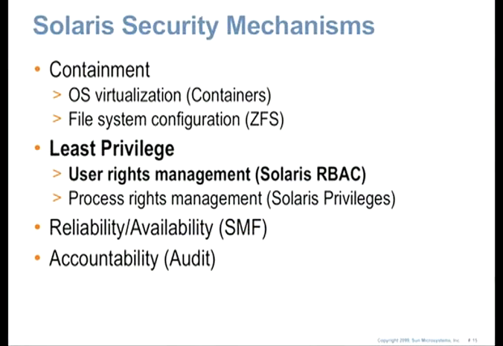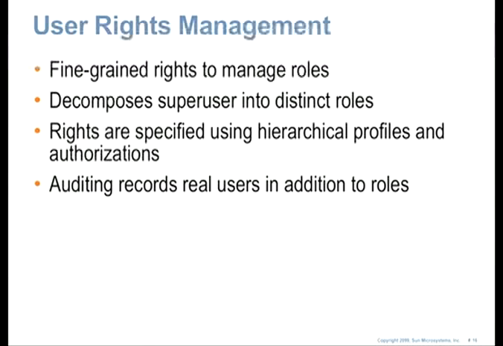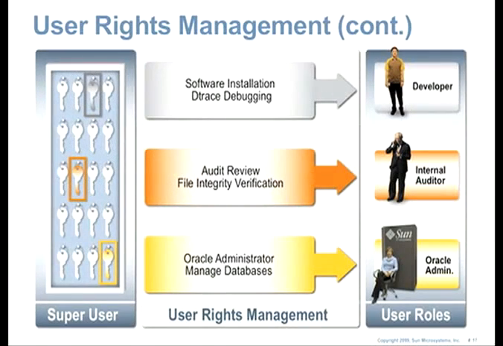So I'm on slide, let's see, 14, 15 now. Let's jump into least privilege. User rights management was already explained by Darren in detail. What we're focusing on in this presentation are really the two on the bottom here, the one in the middle, the audit review, slide 17, and Oracle Administrator.